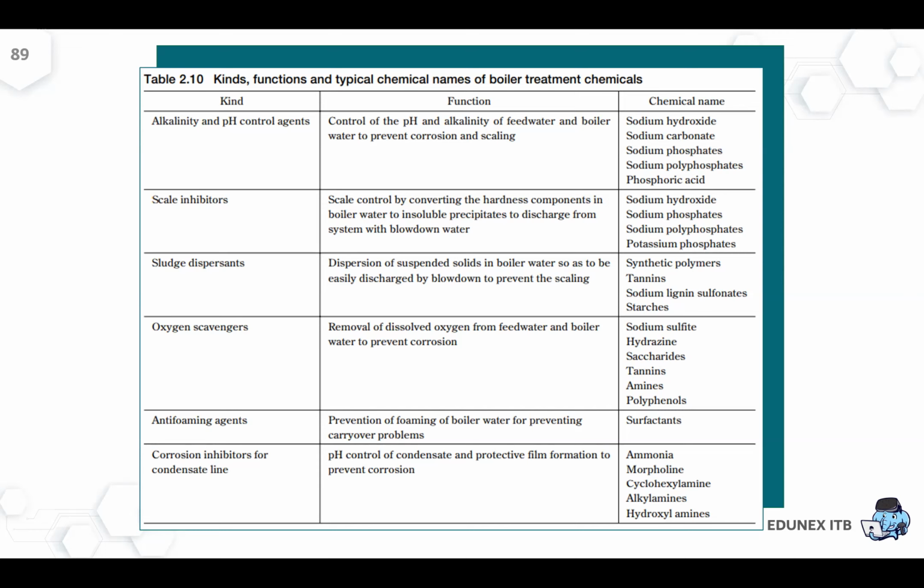So I think it will be better for the students to take a look especially at the several chemicals that are commonly used in real industrial applications for preventing the corrosions, especially in boiler or in the pipeline.